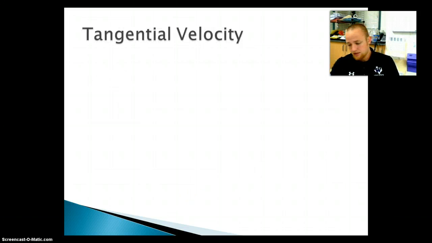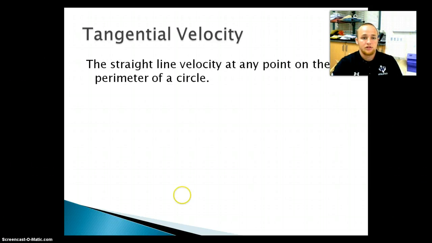Tangential velocity. The word tangent means that if we were to draw a line that touches only one point in a circle, then that would be a tangent line. So it's the straight line velocity at any point on the perimeter of our circle. If we're going in a circle, it's what our speedometer reads. That's our tangential velocity.